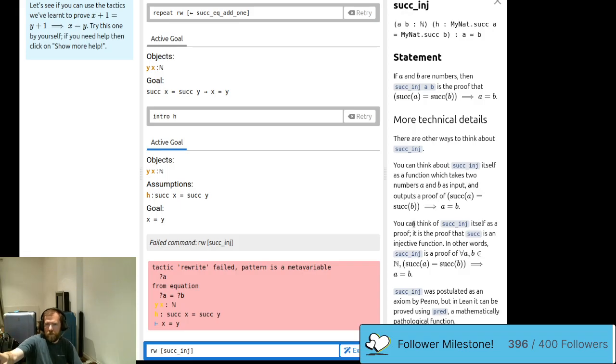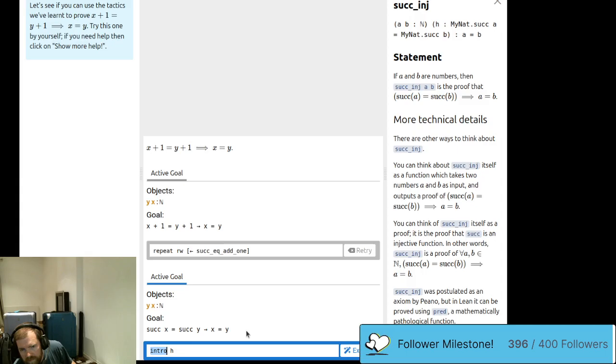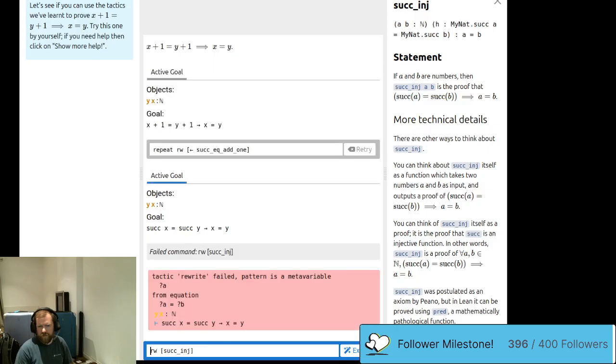Successive a equals successive b implies that a equals b. Okay, so if we go back, actually, instead of intro, we potentially just say exact. No, that's not exact. Rewrite successive injective.